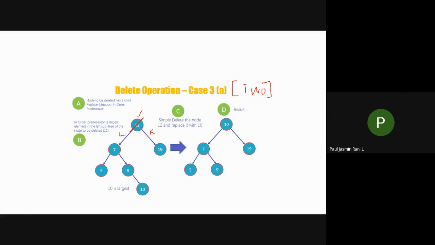Here I have two options, two methods or two ways of taking the elements. Either I can take the maximum element from your left subtree, or I can take the minimum element from your right subtree.